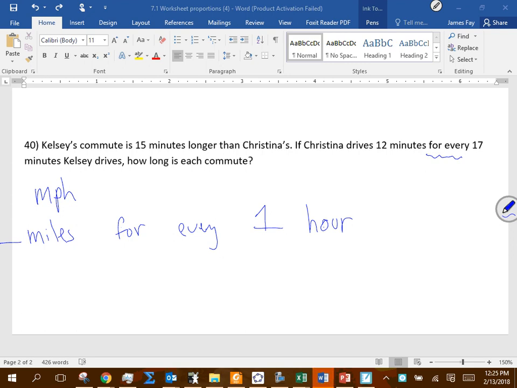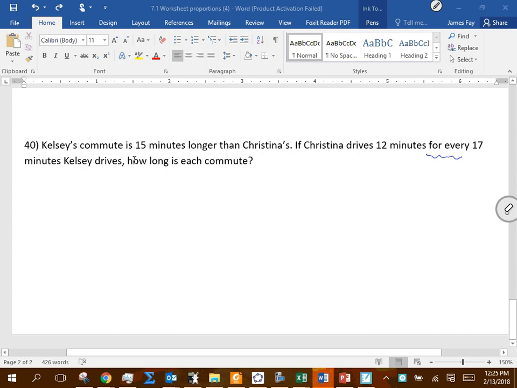Those are key phrases that are going to be useful as we work through these story problems. So I've got 12 minutes for every 17 minutes. We could put our units there, but minutes over minutes cancel out, so this is a pure ratio. I think it's a very good idea to organize your thoughts, what the 12 represented and what the 17 represented, so you don't mess up the next ratio.